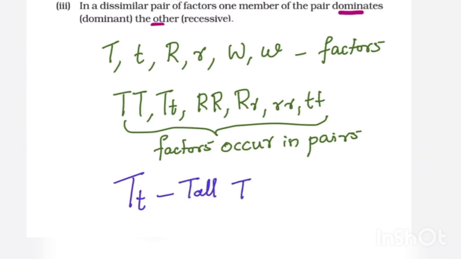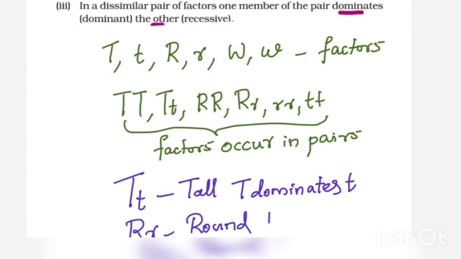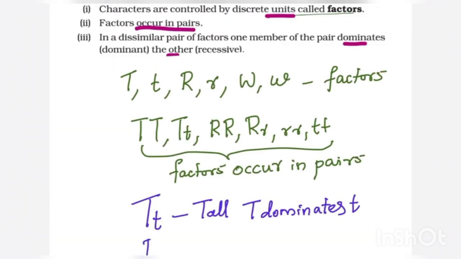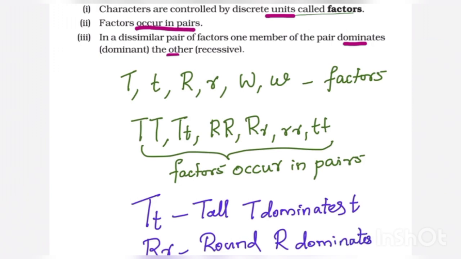Third point: you see here capital T small t. Are they homozygous or heterozygous? It is heterozygous. Still, it shows the character of tall. Next, capital R small r, heterozygous. Still, it shows the round character. That means small t and small r fail to express their character. Then who expresses their character? Capital T and capital R. That's why, in a dissimilar pair of factors, one dominates the other.